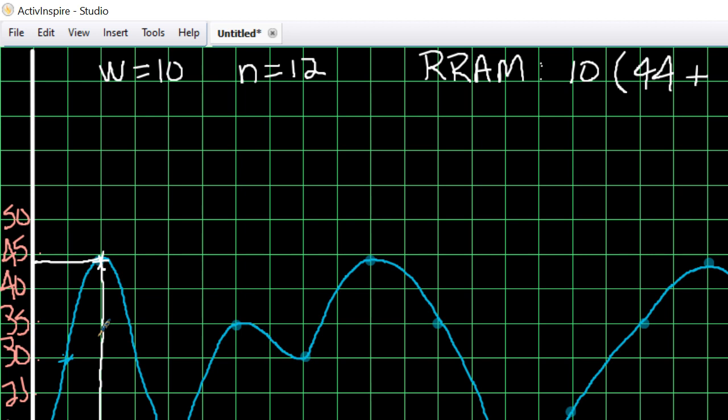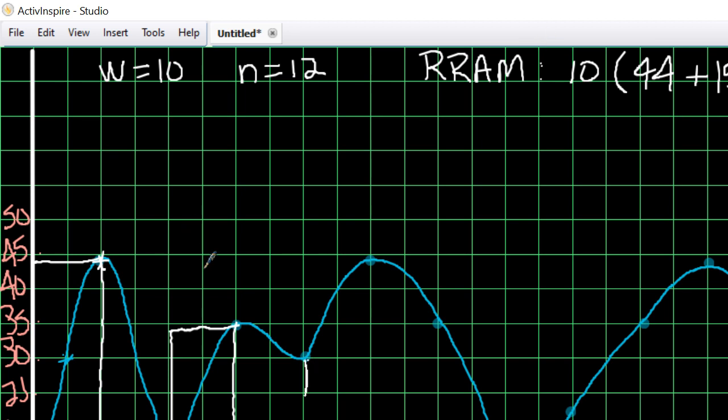All right, so now I'm going to go to the next one, and I hope you start to see the pattern here. At 20, what was 20? 15, plus, do you see the pattern here? It is actually the points that I plotted. 35.